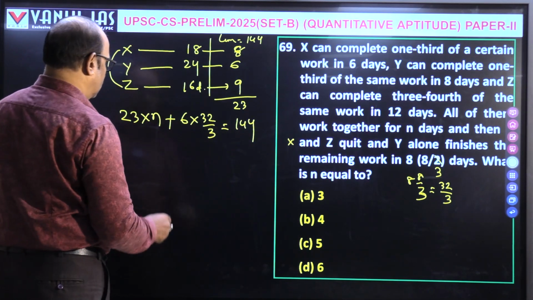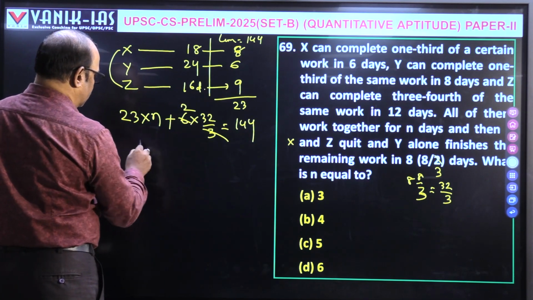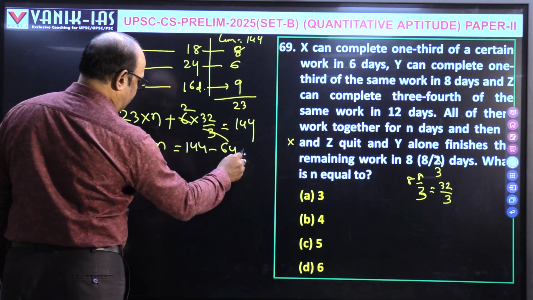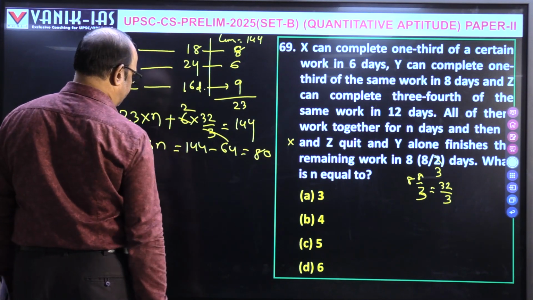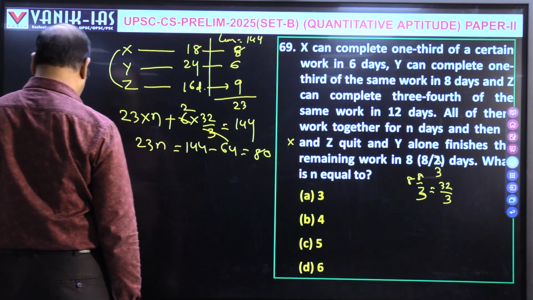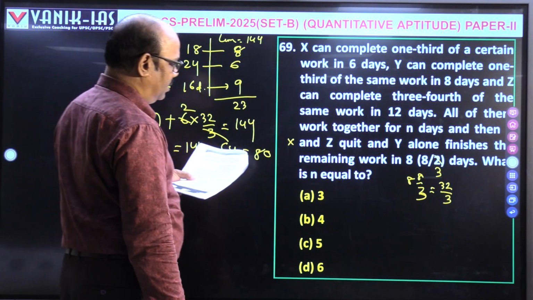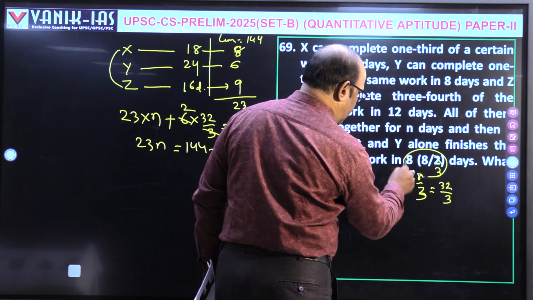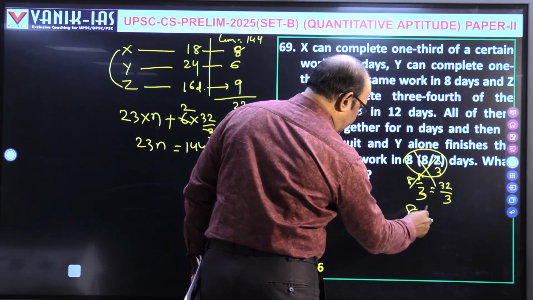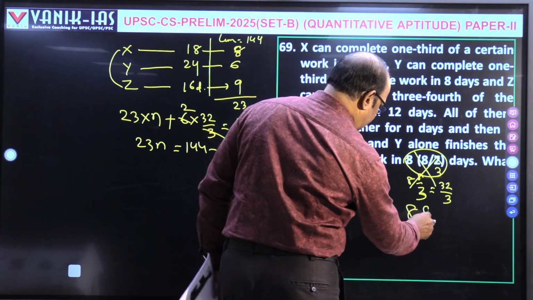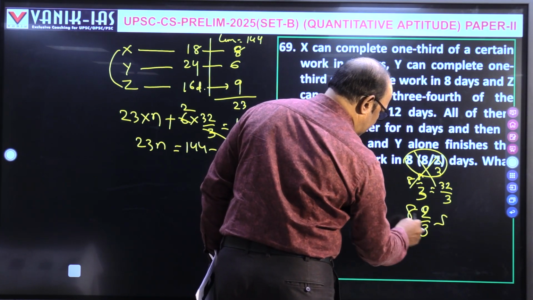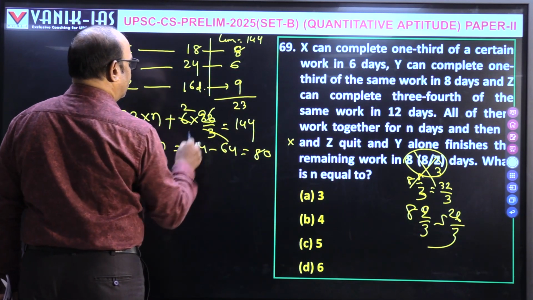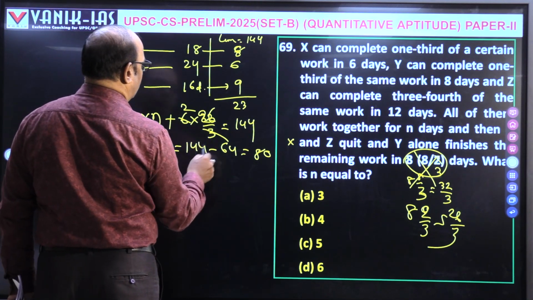So 23n equals 144 minus 52. Make it 26 by 3, so 6 into 26 by 3 becomes 26 into 2, 52.